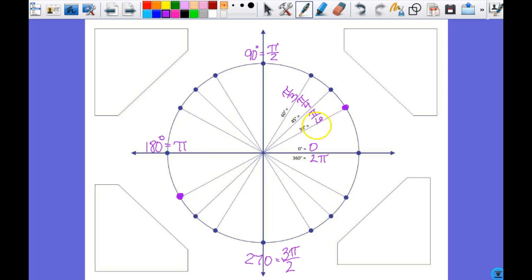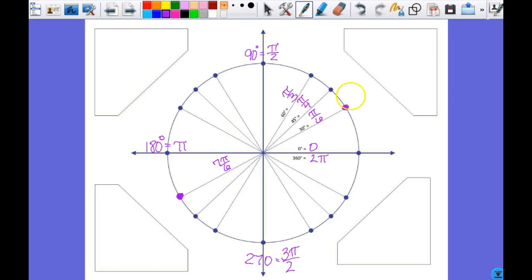Well, this is pi sixths, right? If I want to add 1 pi to it, I have to get a common denominator, so that's 6 pi over 6. So if this is pi sixths, what is this one for sure going to be? What's pi sixths plus 6 pi sixths? 7 pi sixths, because you're just adding the 180 to it. Does that make sense to you? Just add in that 180.